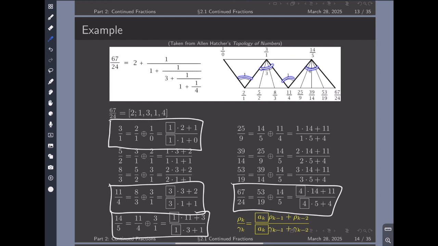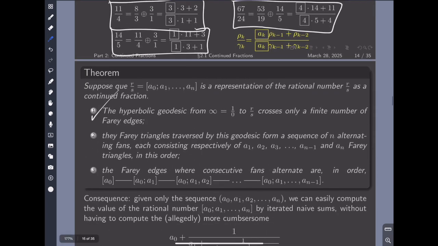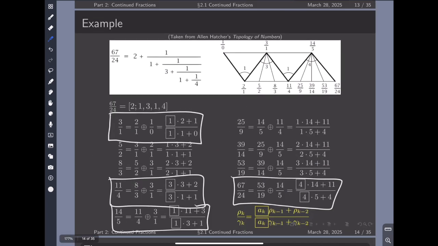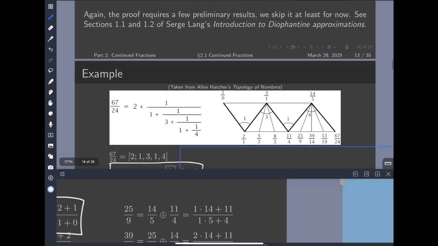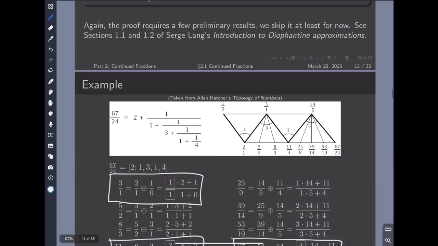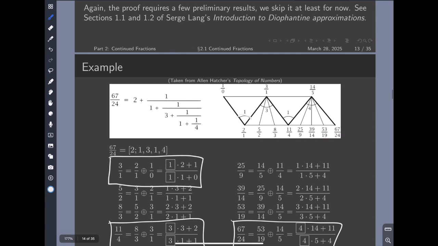So if you give me the AIs, we know that A0 is this one. We know that the starting point has to be infinity, and then A1, A2, A3, A4, and you have the first two labels.